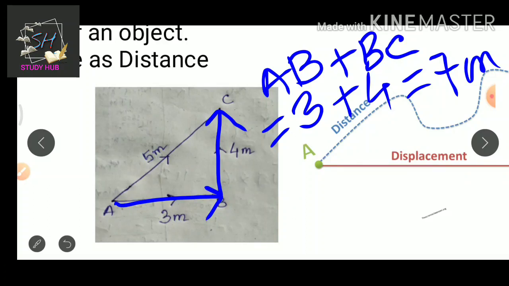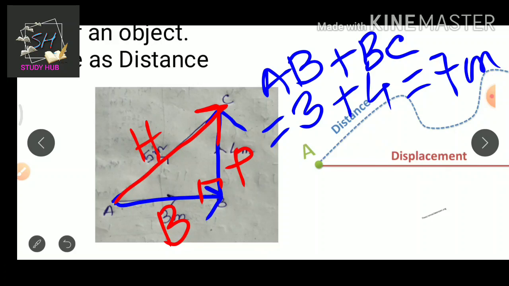But to find displacement, we need the shortest path. So we can clearly see that if we go with this path, then this will take less time. That means here AC is the displacement. Now how to find AC? You can see this is a right angle triangle. By Pythagoras theorem we can find AC, where this is base, this is perpendicular, and this is hypotenuse.